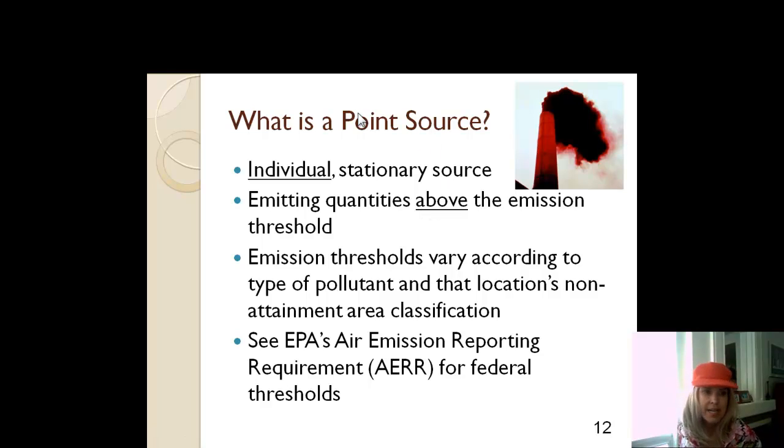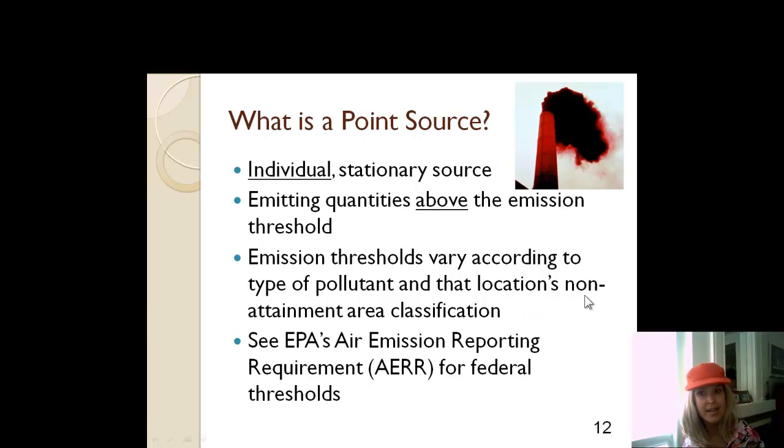This gets a little bit confusing, but there are definitions for what a point source is in terms of it has to be big enough to emit pollutants all by itself so that it can be counted as a point source. Now, what makes it complicated is that emission thresholds vary according to the type of pollutant and where you are.